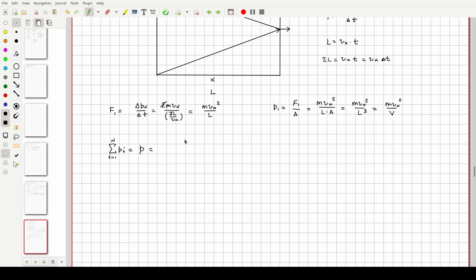Now, we're going to assume that all of our little particles are identical, which means that if I look at this equation over here, which is what we're summing, the only thing that could change would be the velocities.